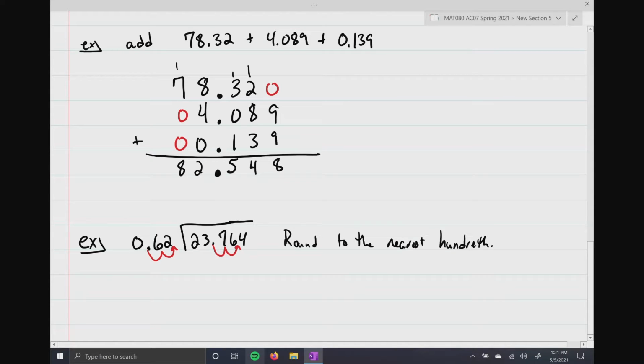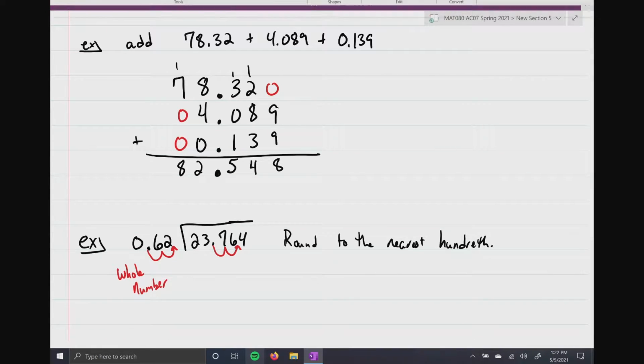So I need to make this outside number, the divisor, a whole number. Which means I need to move the decimal place 2 places to the right. Now, if I move the divisor 2 places to the right, I have to do the same thing with the dividend.